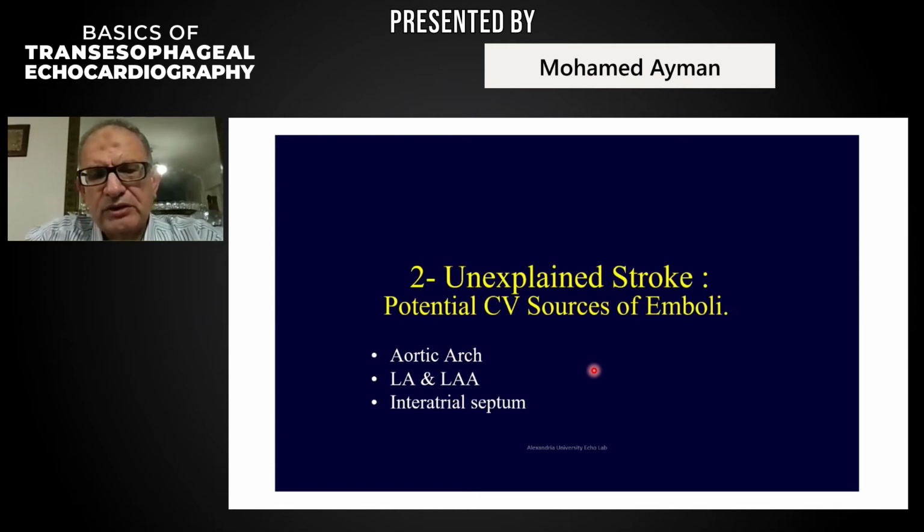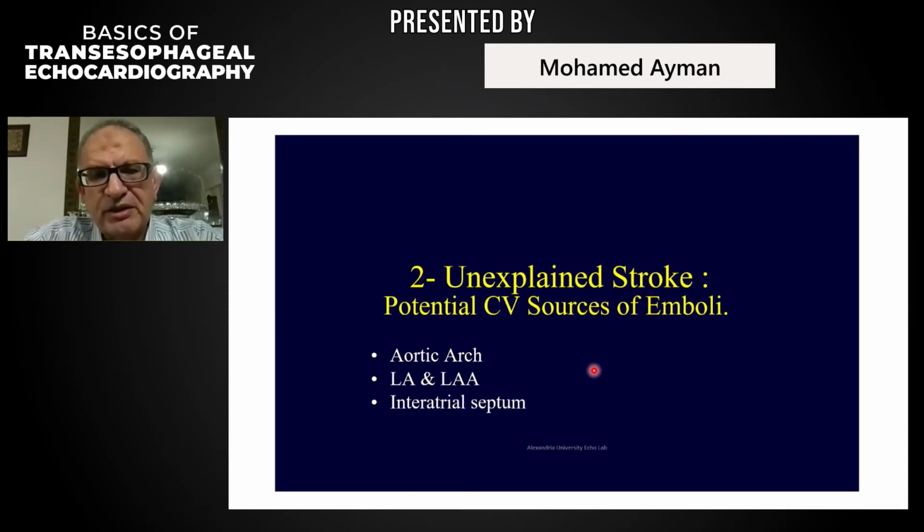Sometimes we have patients with dilated cardiomyopathy or anterior wall myocardial infarction. Most of those patients with anterior wall MI have an akinetic apex or apical dyskinesia, and these are a good place for thrombus formation. As I told you, the left ventricular apex is foreshortened in the TEE.